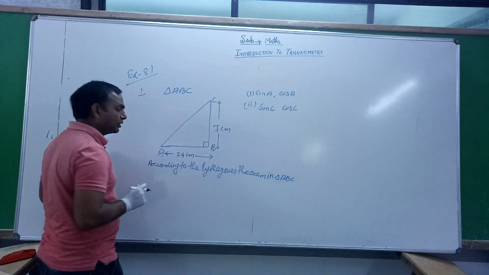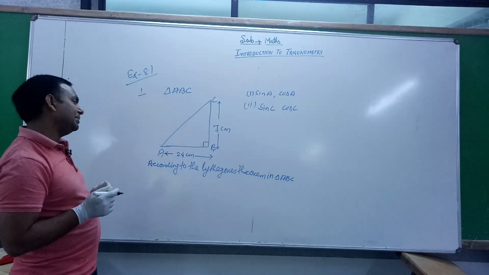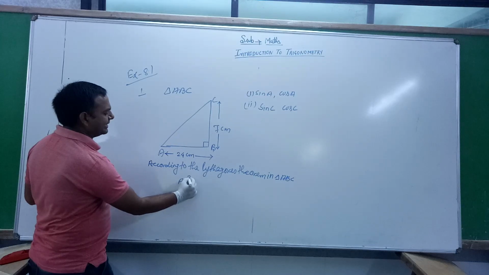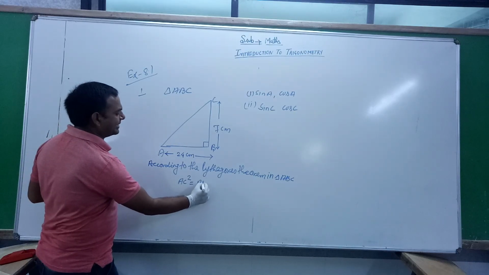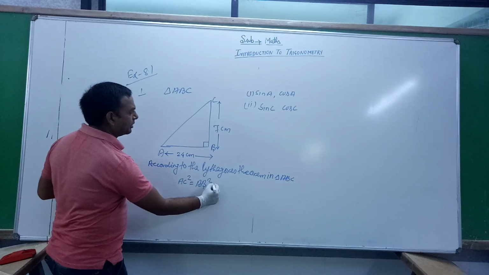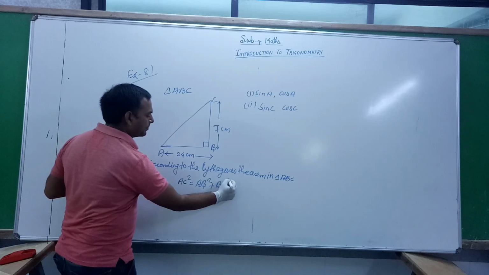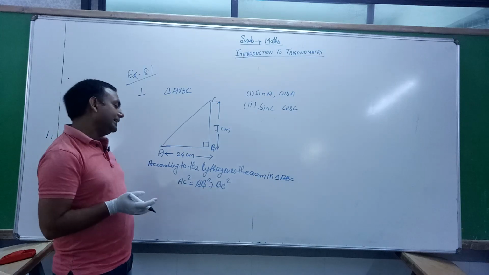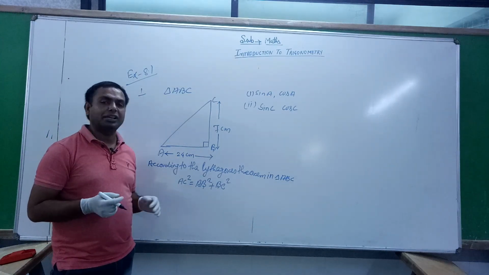If you apply the Pythagoras theorem in triangle ABC, then the hypotenuse square, AC square, is equal to the base square plus BC square, that is AB square plus BC square. The square of the longest side is equal to the sum of the squares of the two smaller sides.